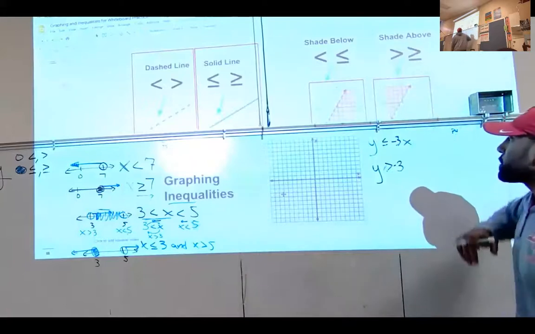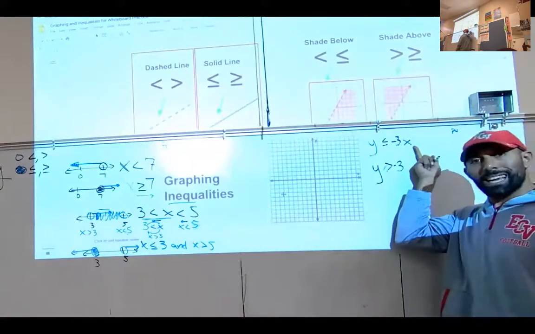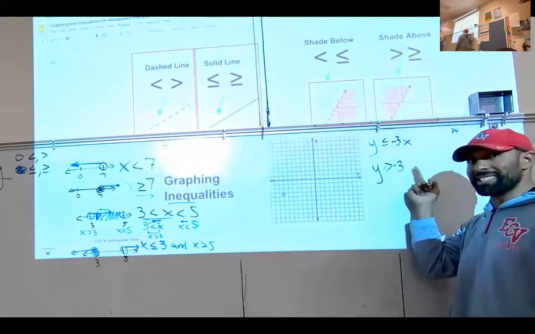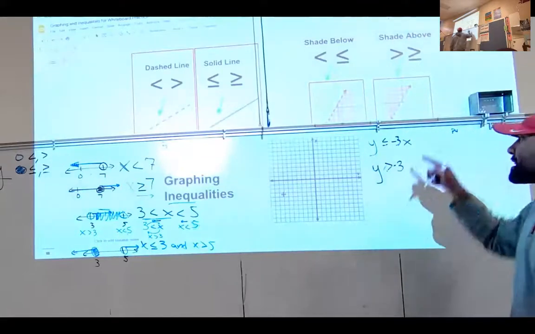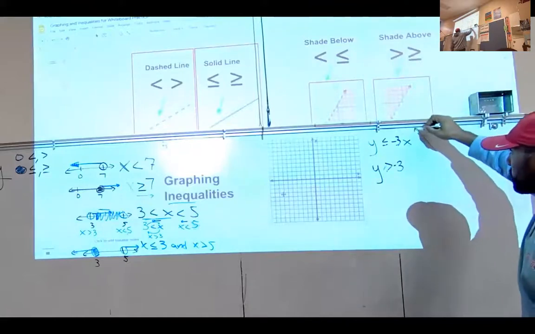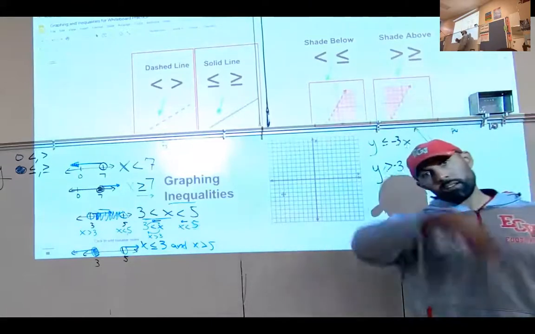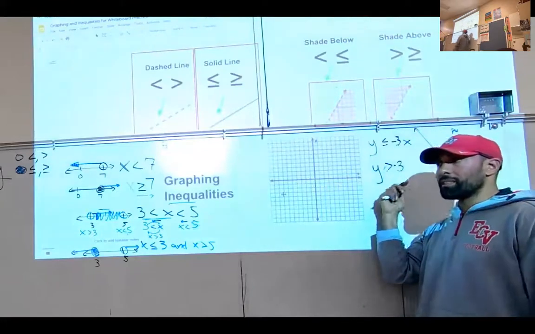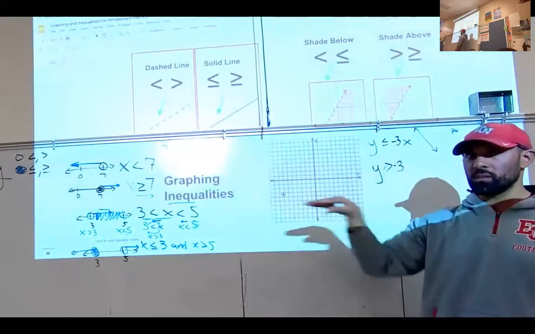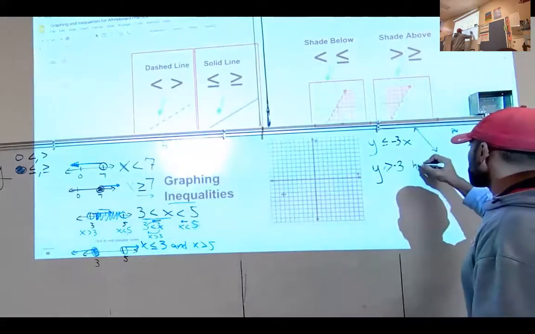Notice how this has an x, it's -3x, and this is not. This is just -3. This is a different kind of line. This line has a slope and a y-intercept, and it goes down at an angle. Because this is just y, this is a flat horizontal line. So horizontal.